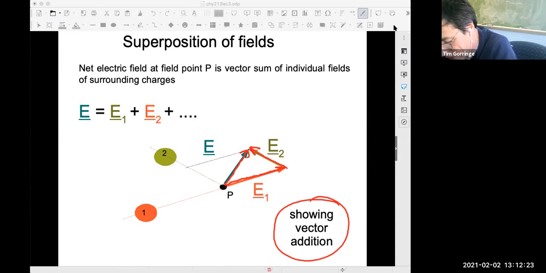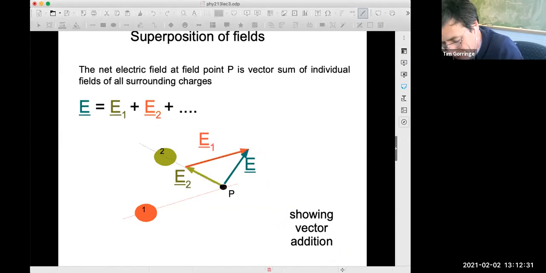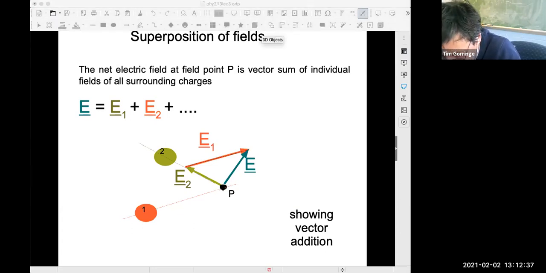You could do that vector addition the other way around if you choose, adding E1 to E2. Let me just show you that. That's shown here. So in this slide, I do the vector addition by first sketching E2. That's the electrical field of the second charge. Then at the tip of E2, I draw the vector E1.